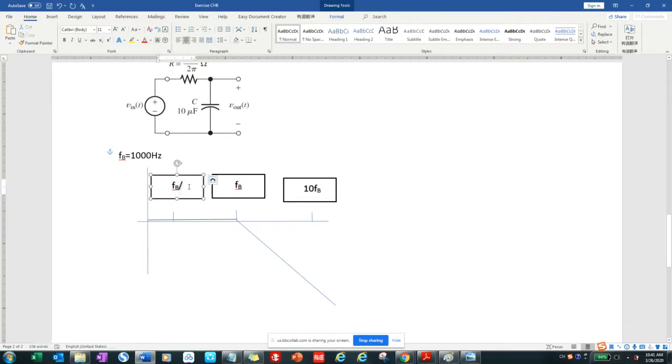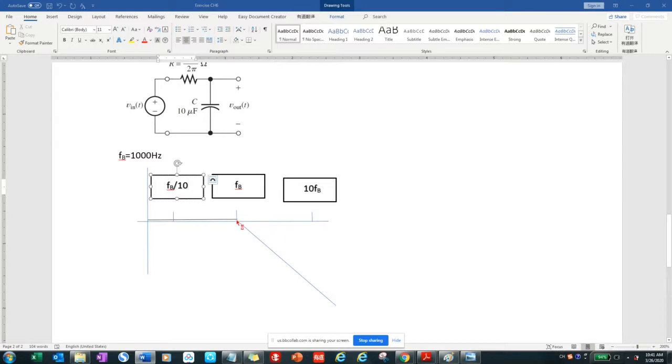This is FB divided by 10. Now, each of these decades, I just draw like this to give you an idea. You can make it look better. You add these decades here so that you know what the values will be for each of these critical points.